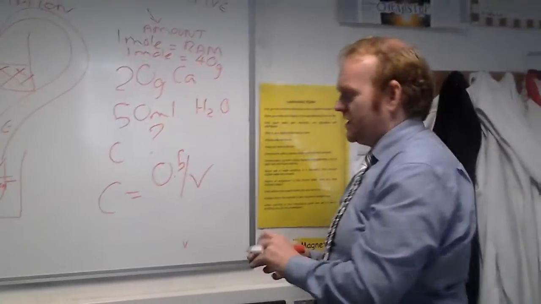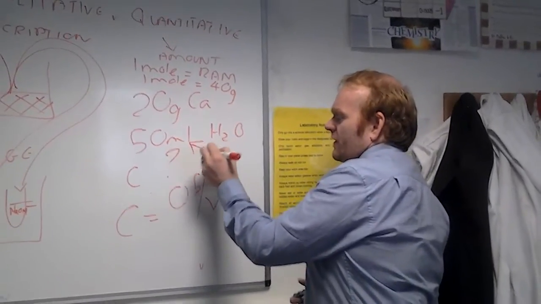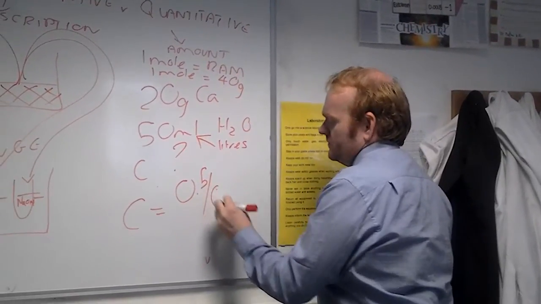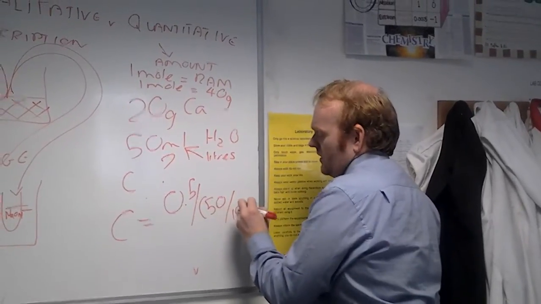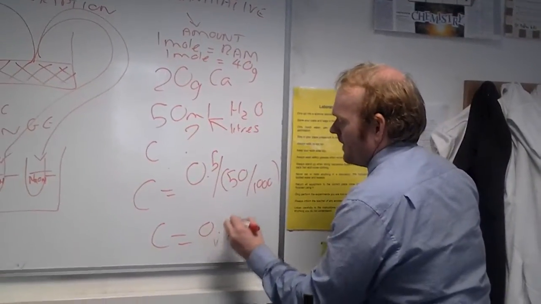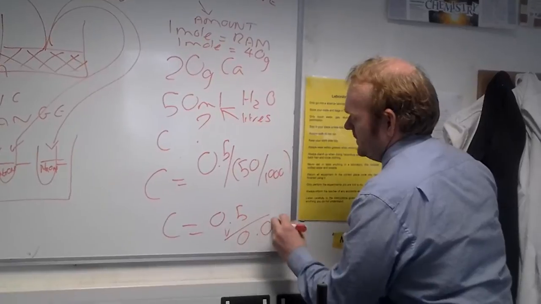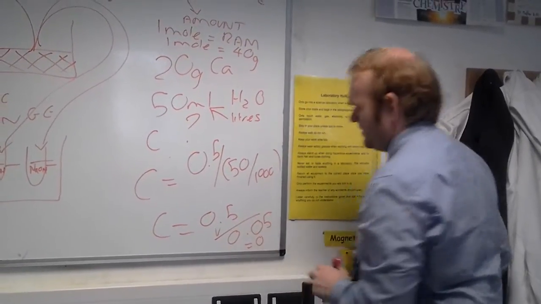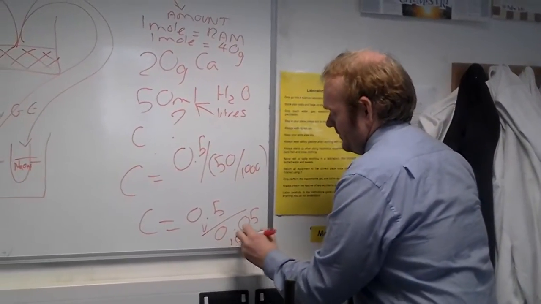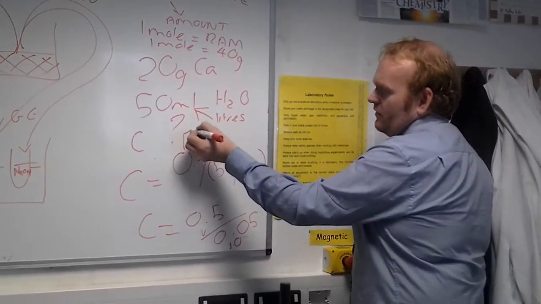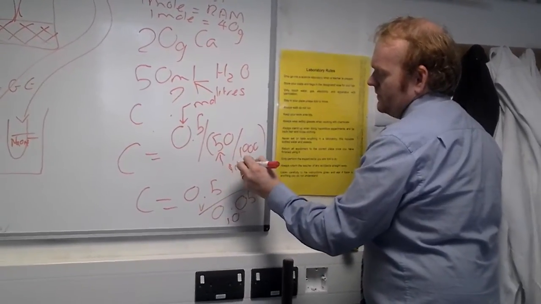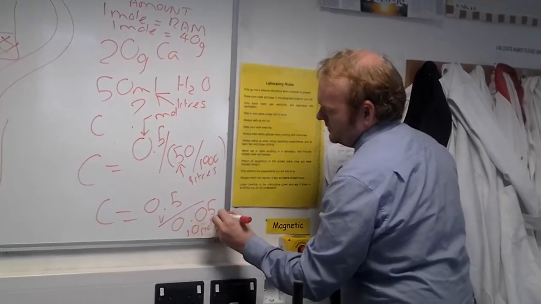My volume is normally measured in litres, so I need to convert that by dividing by 1,000, because 1,000 millilitres is the same as 1 litre. So my concentration is 0.5 divided by 0.05, which is the same as 10. My unit here is moles, my unit here is litres, so my unit is moles per litre.